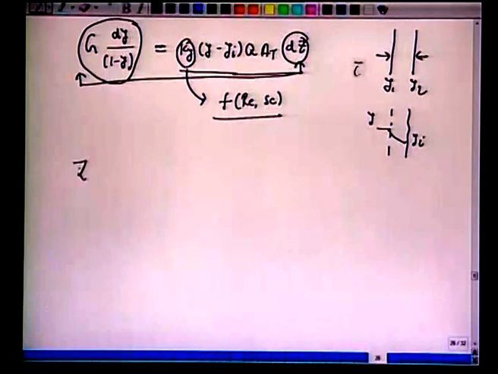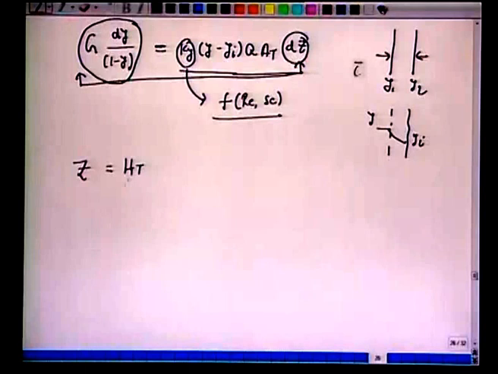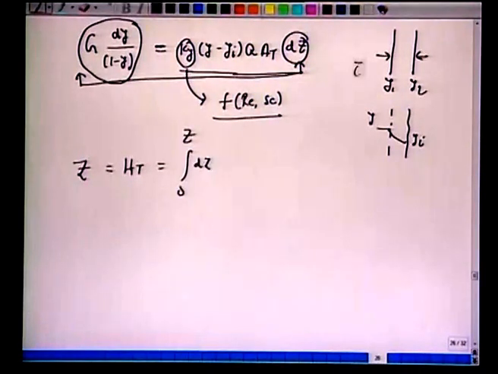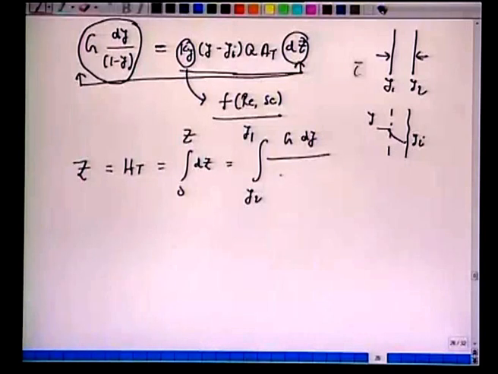So, now we have the height of the tower, HT, equals the integral from 0 to z of dz, which equals the integral from y2 to y1, remember y1 is larger than y2, of G dy over Ky (y minus yi) A cross sectional area AT into (1 minus y).